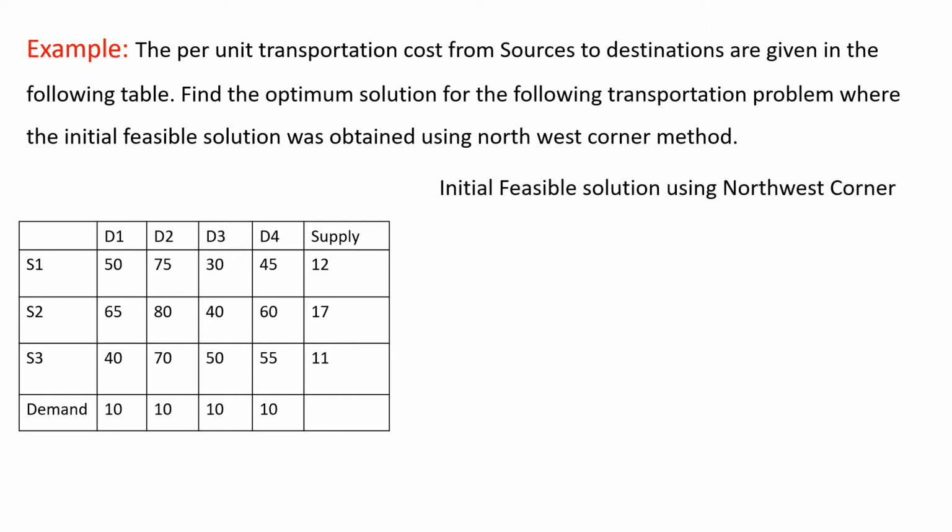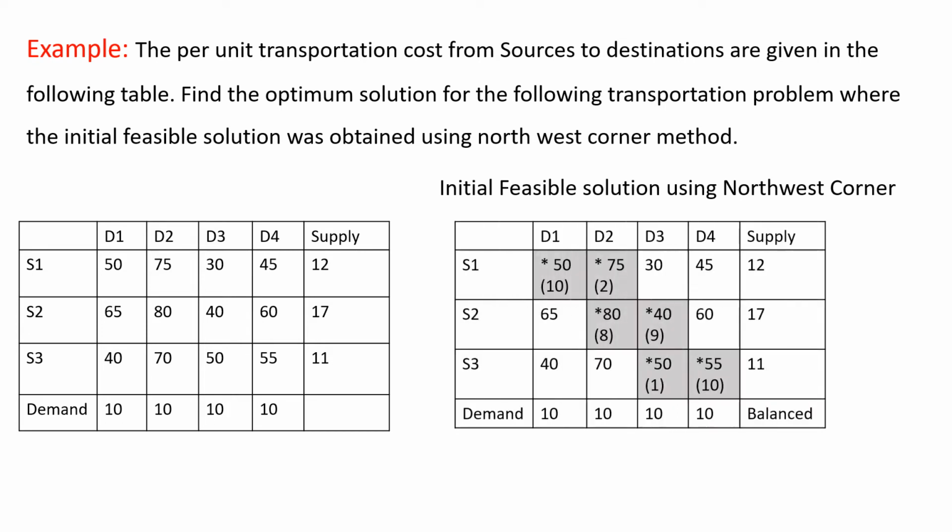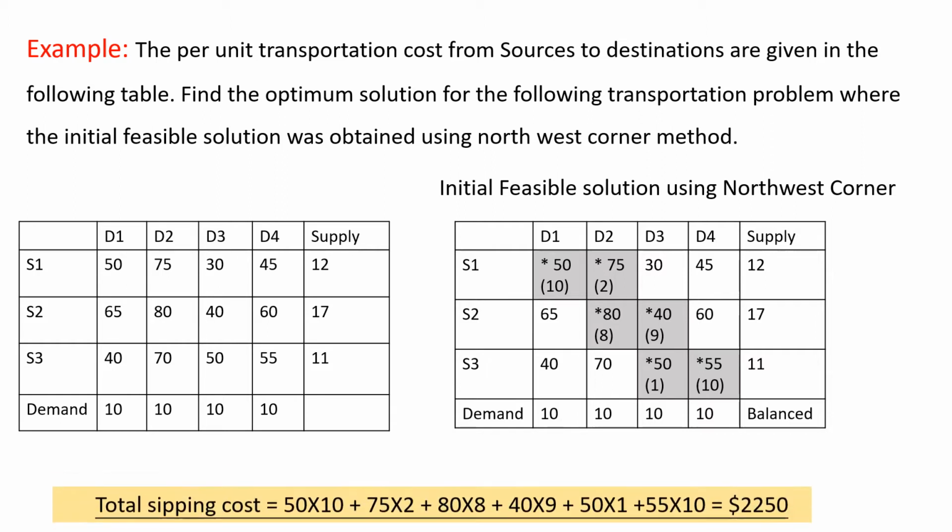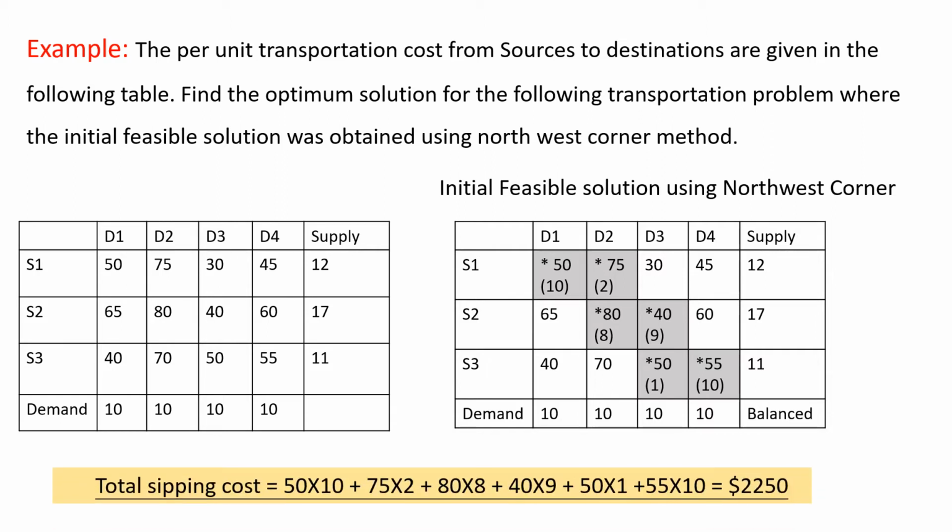As we remember, the northwest corner method provides this result, and we get an initial feasible solution of 2250. So starting from this, let's go for finding the optimum solution for this balanced transportation problem.